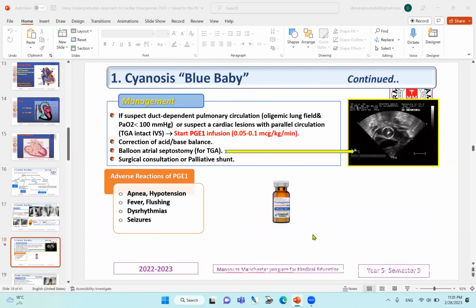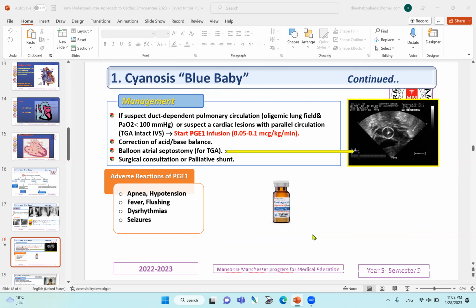How do you manage a cyanotic baby? If you suspect a duct-dependent pulmonary circulation, like from the X-ray there is oligemic lung field, partial oxygen pressure is below 100 millimeters of mercury, or you suspect a cardiac lesion with parallel circulation, with oxygen pressure less than 150, then with the echo, of course, you have to start the prostaglandin E1 infusion with this dose, but take care.